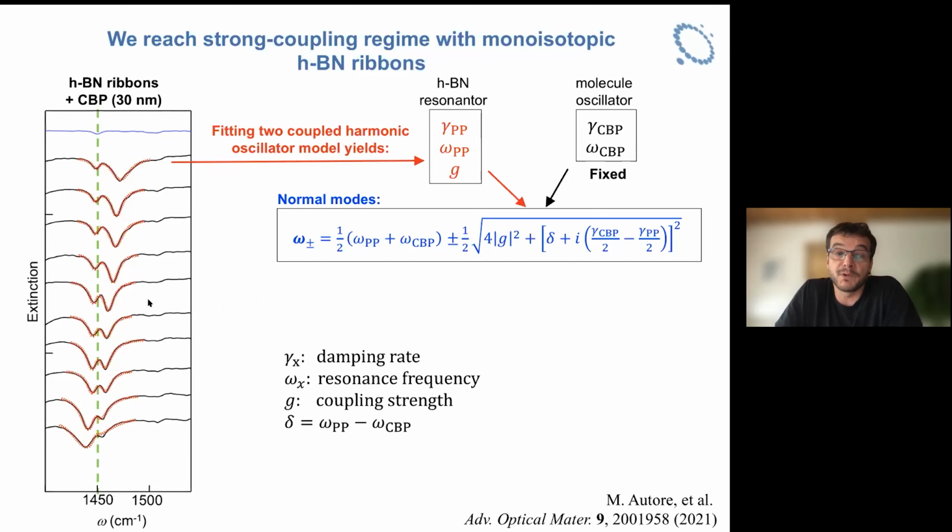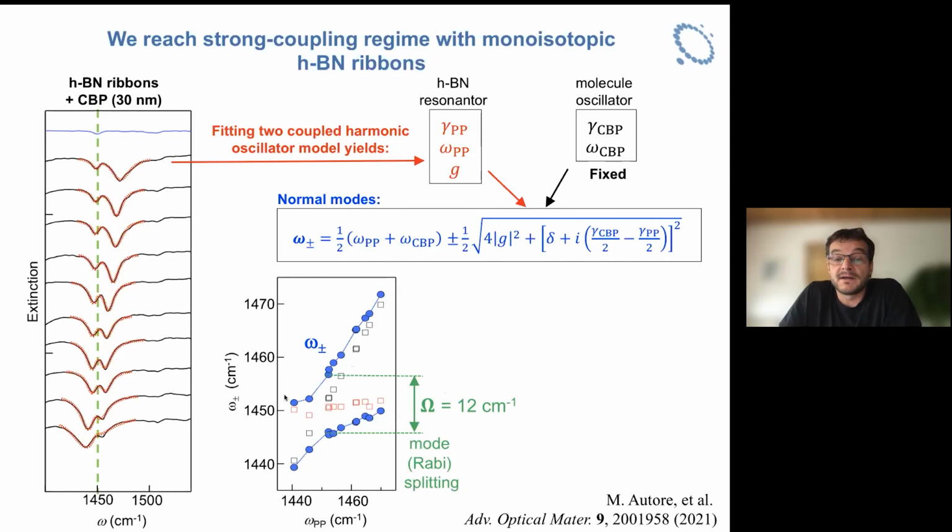The eigenmodes could be different from the dip positions. And so that's what we're doing here. From the fitting, we get all these parameters, and then we can take the equation for the normal modes and calculate the energies of the new hybridized modes that occur due to the coupling of these molecular vibrations and the resonator. And this is what we get here.